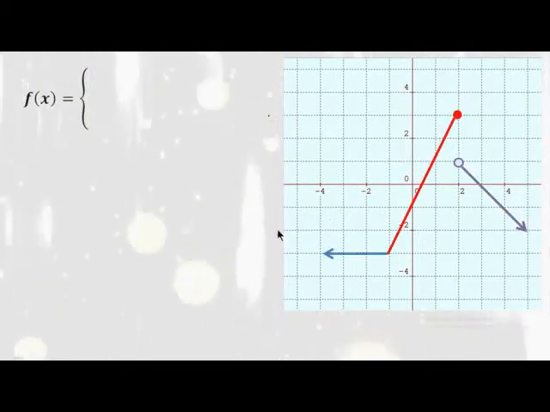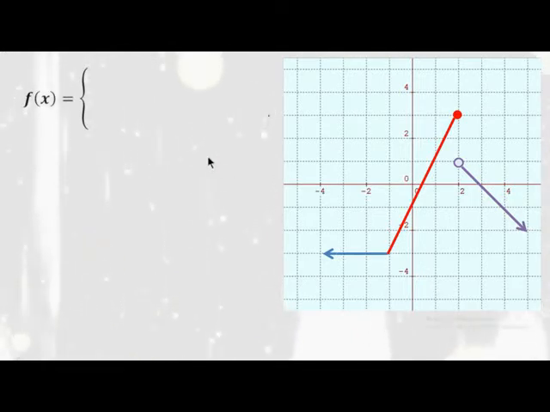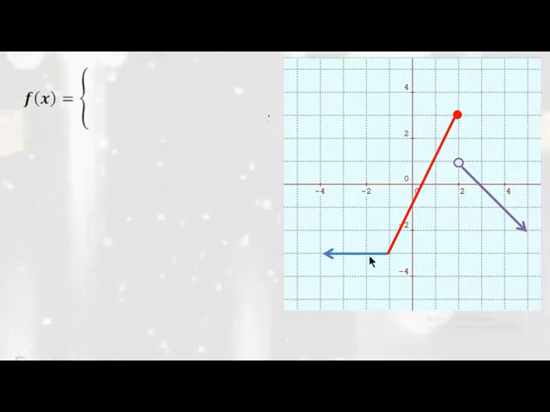How about this piecewise defined function? It also has three straight lines, so you have to define each domain and each equation. Let's assume this is the first one. As you can see here, this is also an arrow. It means the line doesn't finish here.